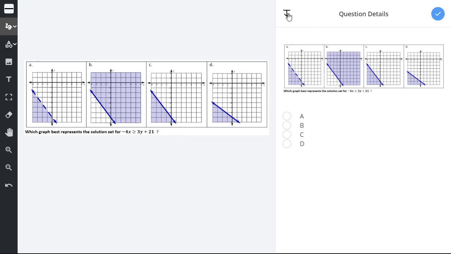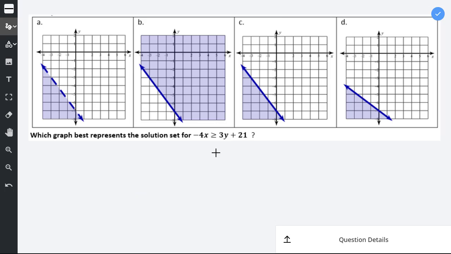Let's go ahead and click on the down arrow, and when we look at this problem, we see that the y is not alone. We're going to send the 4x to the other side, and we're going to send the 3y to this side. When we do that, we get -3y greater than or equal to 4x plus 21. Then we're going to divide both sides by -3.